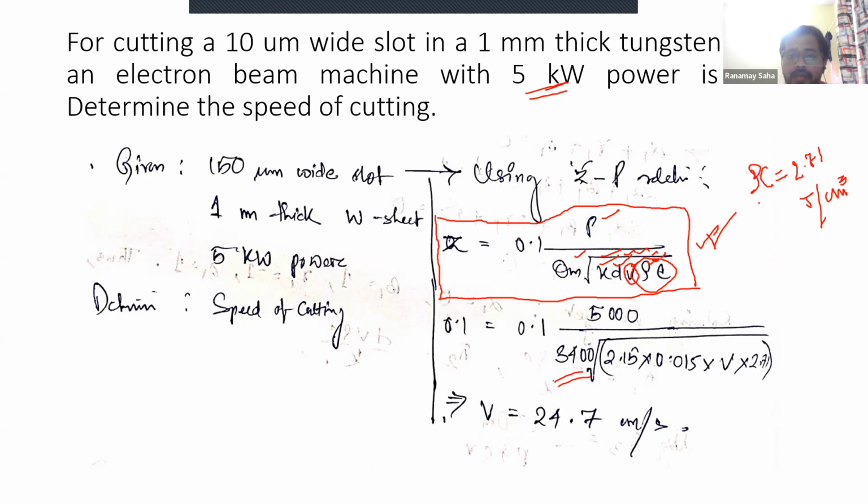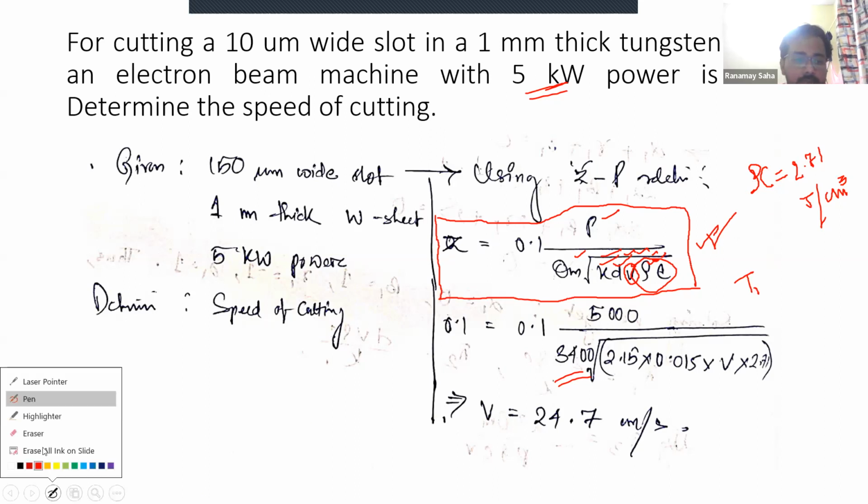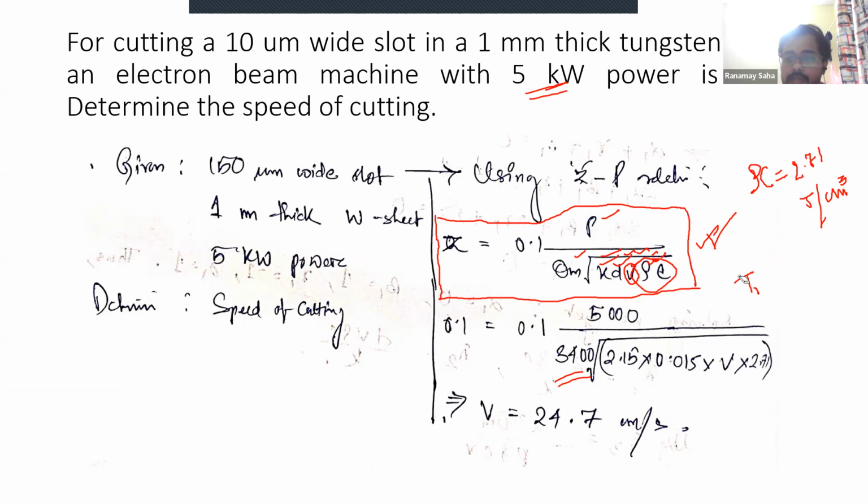And then the temperature theta m for tungsten is 3400 degrees centigrade.